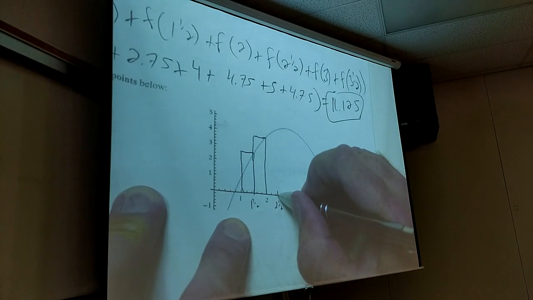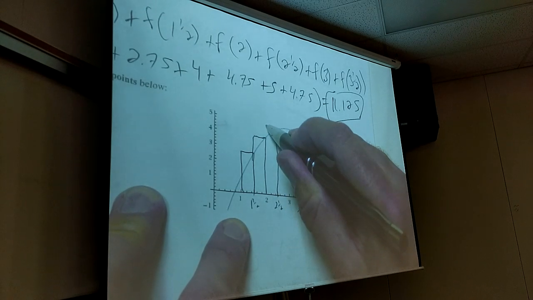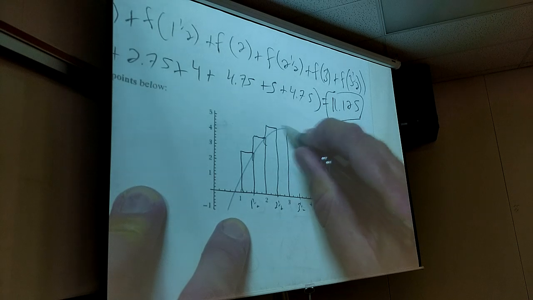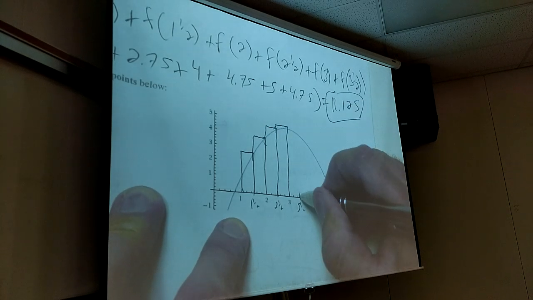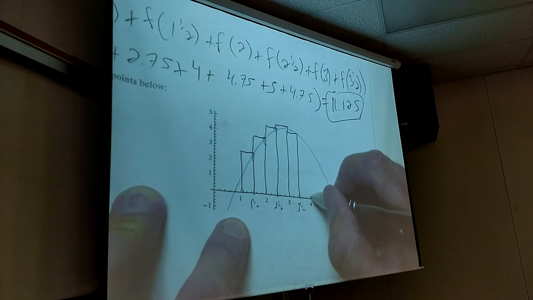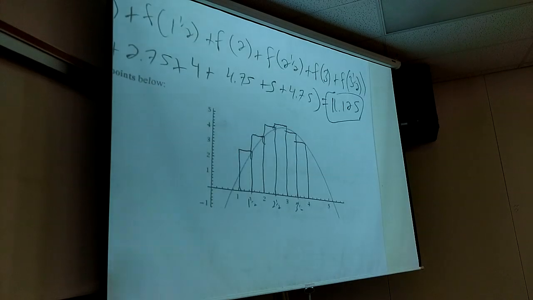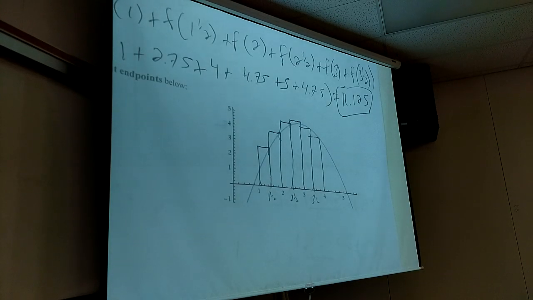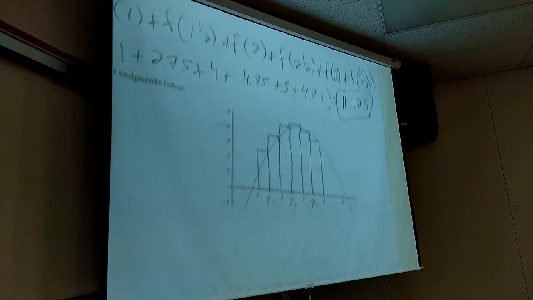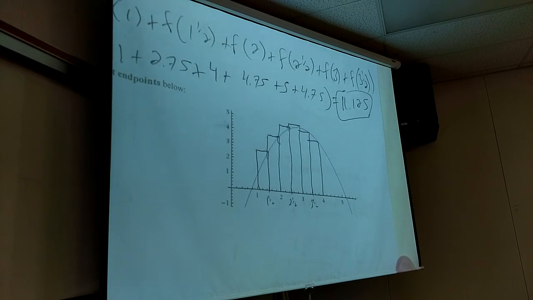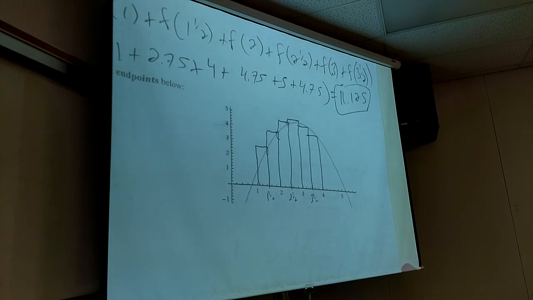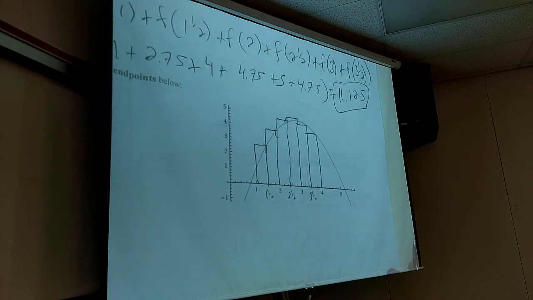Wherever it's based on, that's where I draw from, and then over and down. Cool. So the picture, how are we doing? It's using right endpoints. You guys okay? Okay.